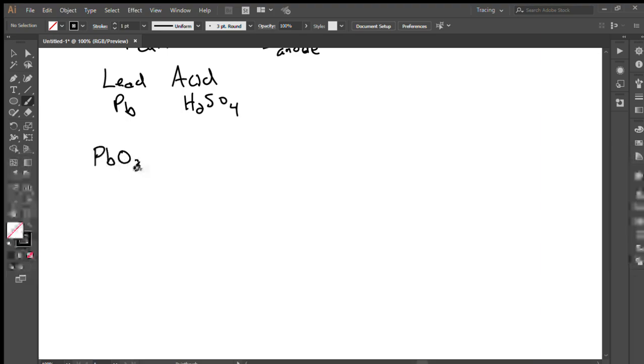We start with PbO2, which is a solid. And we're going to use Pb, just lead, which is a solid. And we're going to put both of those in a sulfuric acid, two H2SO4, aqueous solution.